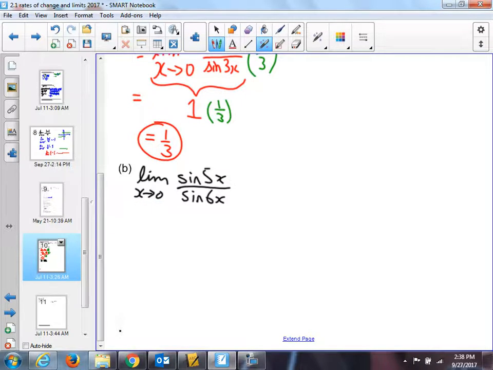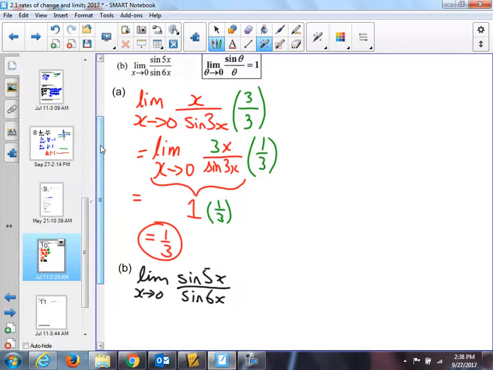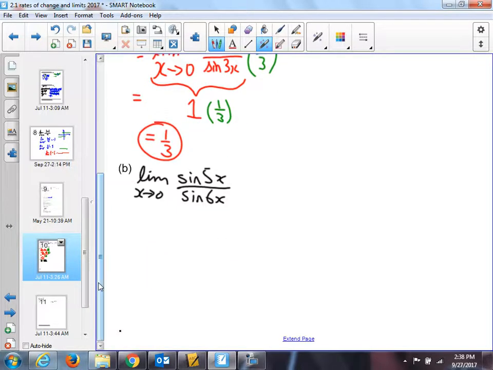Now, I think of this similar to the red problem here, sine of 3x. Now, maybe I'm going to just use 2 colors for this, just so I can show you how I'm organizing. Was that 6x again? Yeah. Okay. Now, think of it this way.